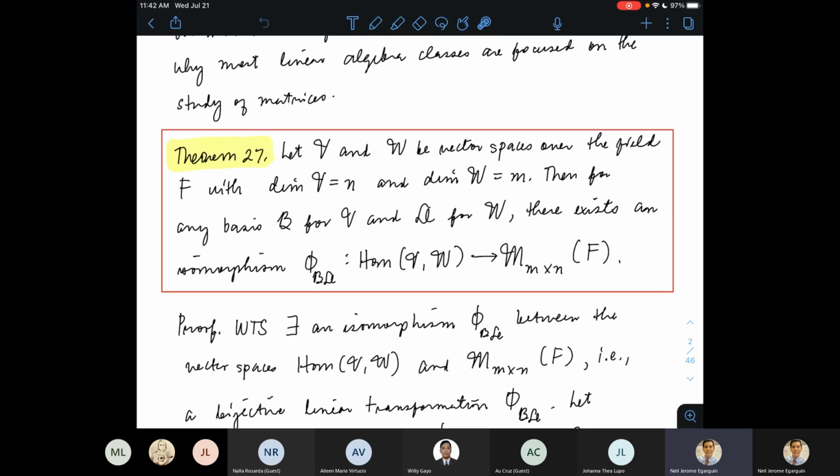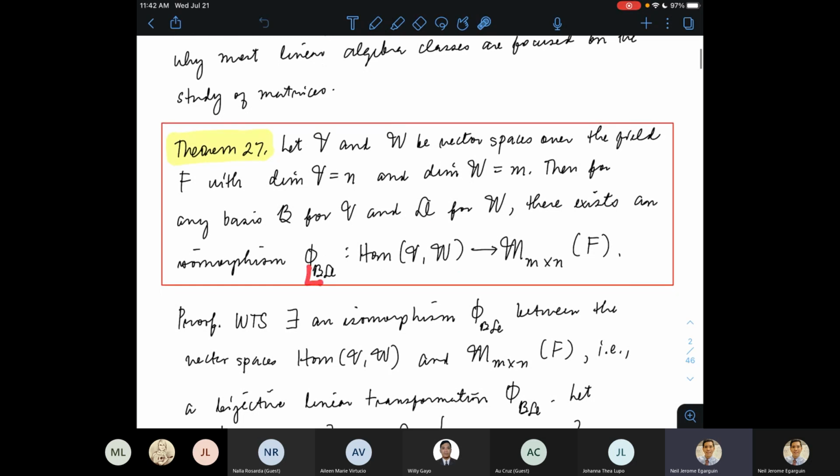And you see the way the isomorphism was named. It was named phi, usual name for isomorphisms, but there's a subscript here which contains B and D, which are the bases that we chose for V and W.